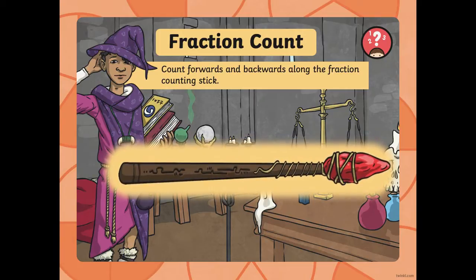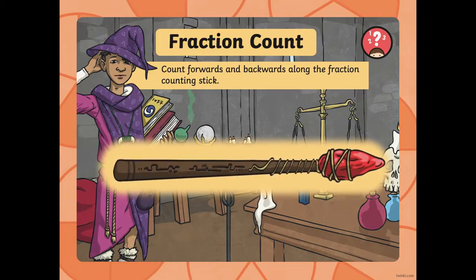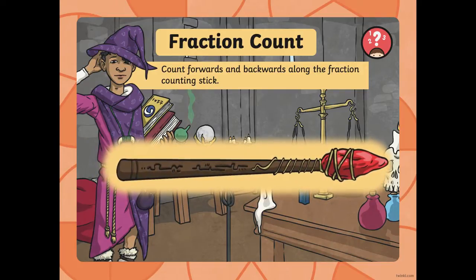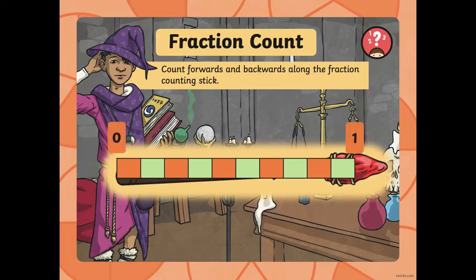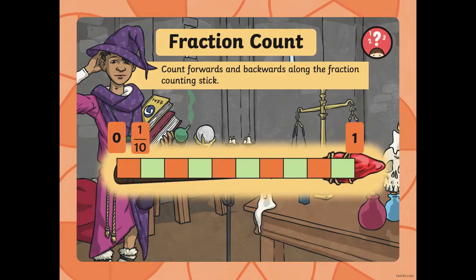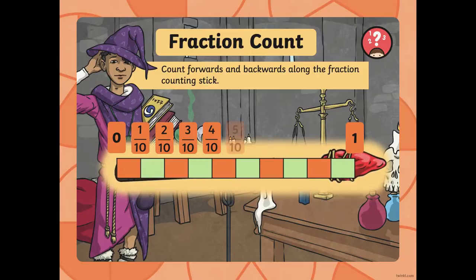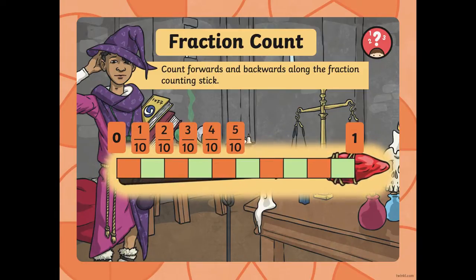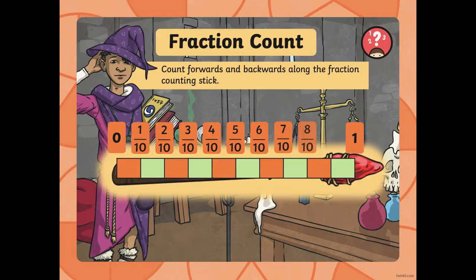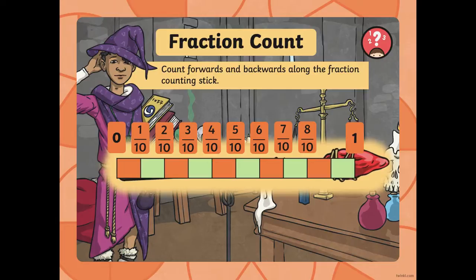First of all, let's start counting forwards and backwards along the fraction counting stick, just to make sure we're counting out our fractions and that they're correct. This is from 0 to 1, and we're starting off with 1/10, 2/10, 3/10, 4/10, 5/10, 6/10, 7/10, 8/10, and 9/10.